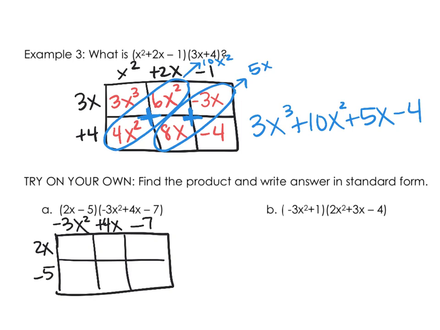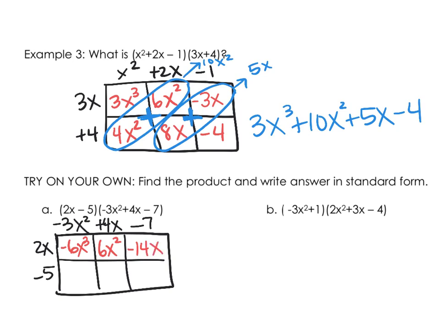So let's start multiplying. Negative 3 times 2 gives me negative 6. And then an x squared and an x becomes x to the third. 4x times 2x is a positive 6x squared. Negative 7 times 2x is negative 14x.